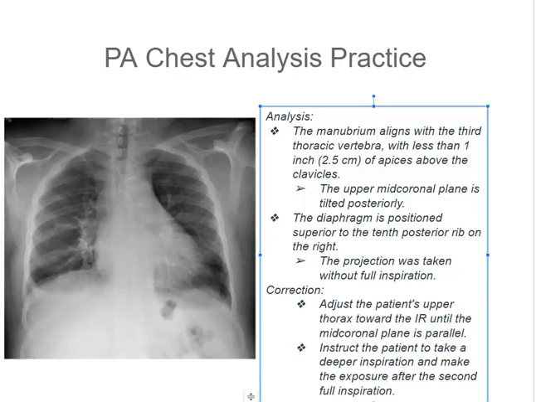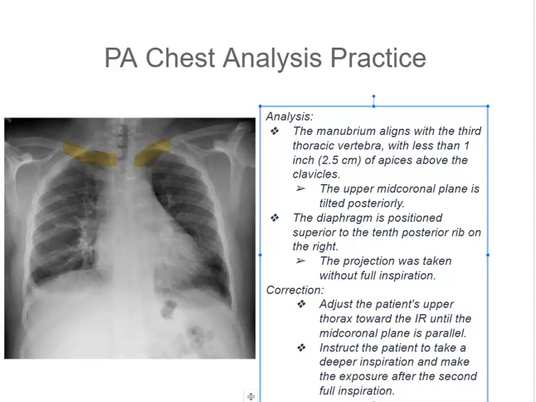When looking at this PA chest, I want to look at my sternoclavicular ends to see if they are equidistant to the vertebral column, which they are, so there is no rotation. However, you do want to look at the position of the clavicles. In this projection, the clavicles are seated within the apices here, which is indicative of some type of plane tilting.